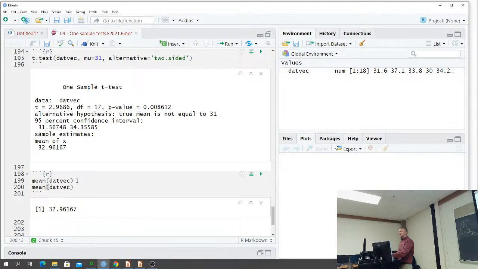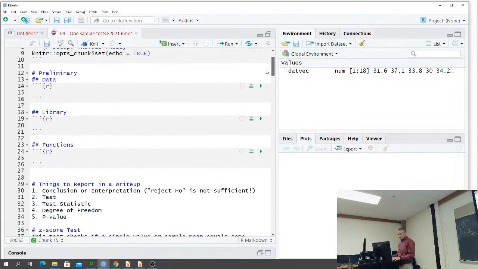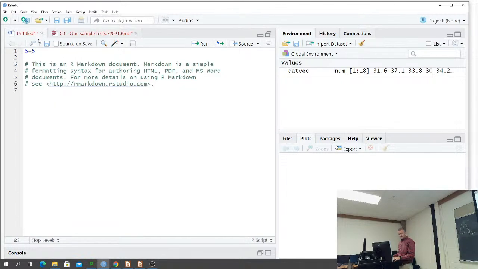What's that equation? qt times the standard error of dat_vec. And I don't know if I ran the standard error function or not. No, I didn't.